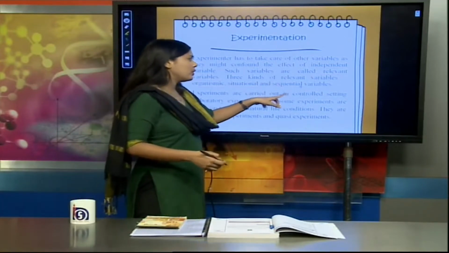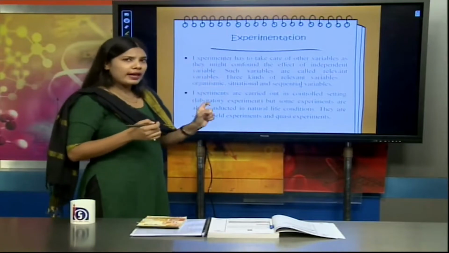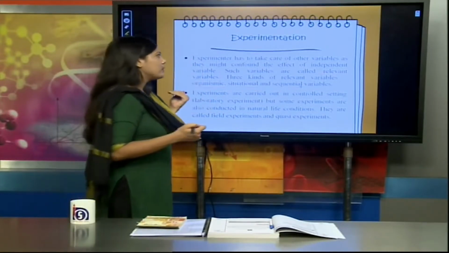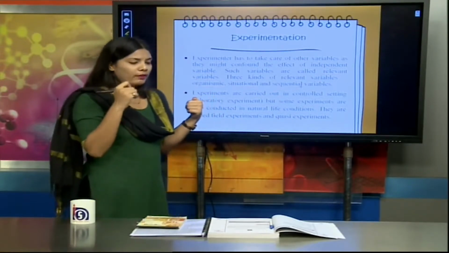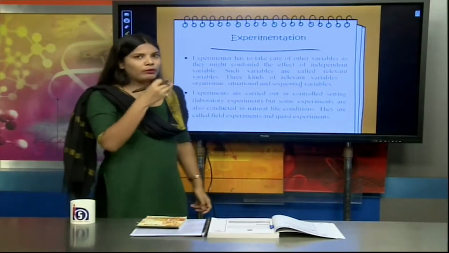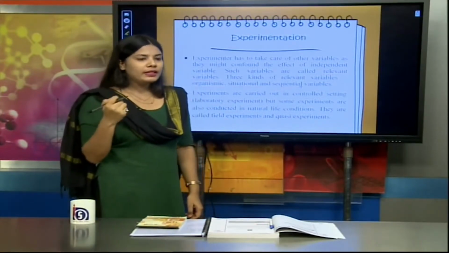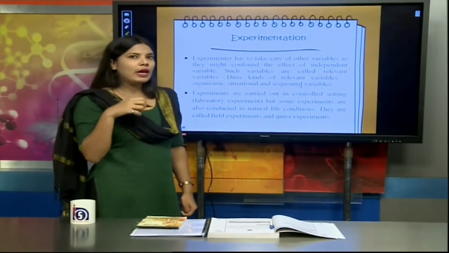Then is sequential. Sequential is basically the manner in which you have designed the procedure of your study. For example, say you have to test 4 dishes, and you have to tell the level of sweetness and the level of sourness.